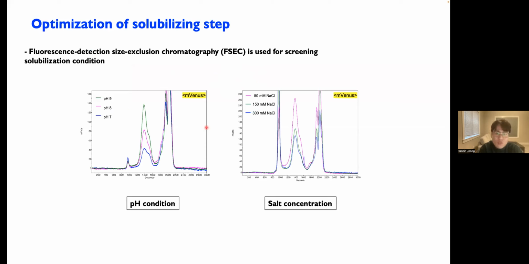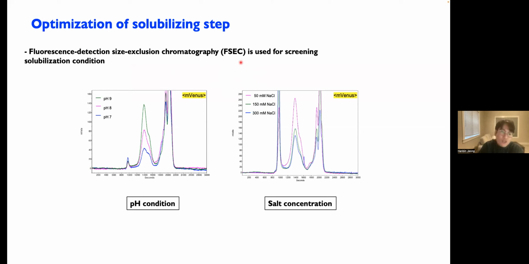And because we knew that there is only a small amount of TMC1 protein in the worm, we needed to find an efficient way to isolate as much TMC1 protein as possible during the solubilization step.